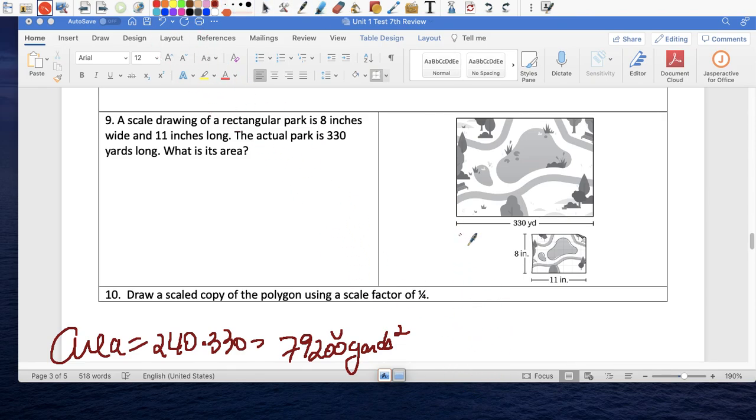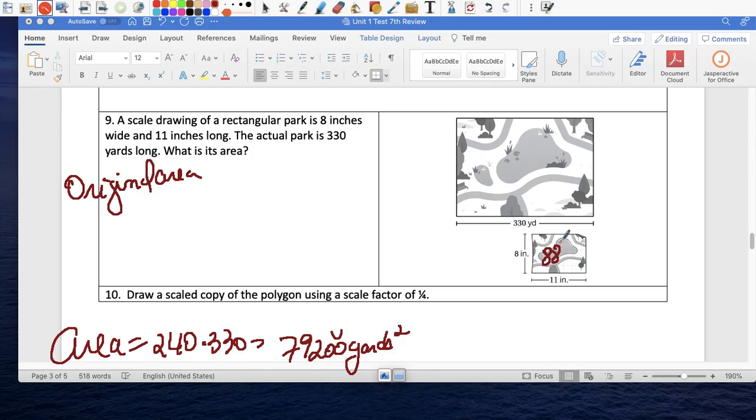Well, let's take a look at what I wrote before. Remember, if I know the scale factor, can I figure out the area, knowing the original area? So let's find the original area. 8 times 11, which makes this 88.